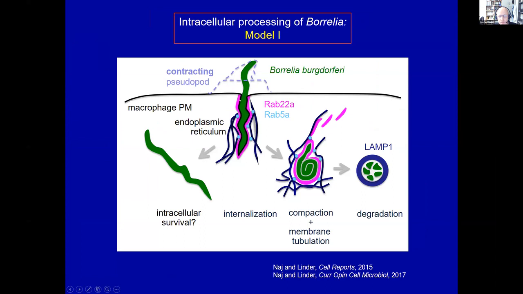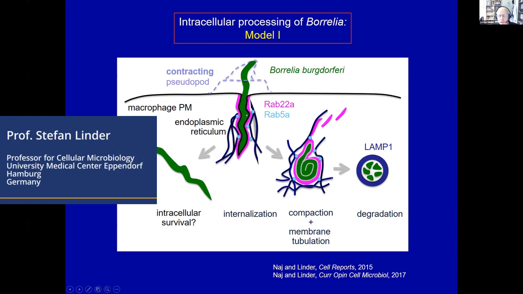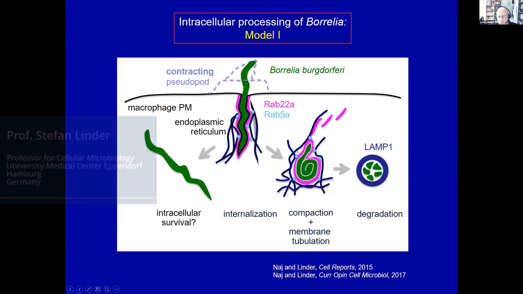And this happens by RAP22A being recruited to the phagosomal coat, and the ER, the endoplasmic reticulum, enwrapping that nascent phagosomal coat. And since these RAP5 positive vesicles are present at the ER, they're being dragged along and brought to close vicinity to the phagosomal coat.